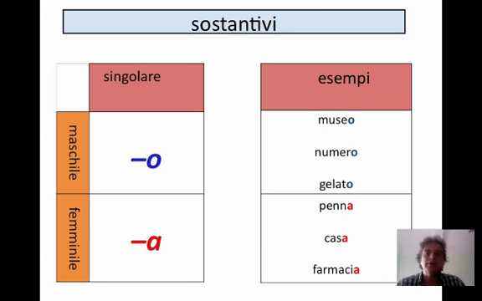So if you look at the example, museo, numero, gelato, all these words are masculine because the ending is o. The ending a, like in the word Maria, tells us that the word is feminine. Like the example here, penna, casa, and farmacia.